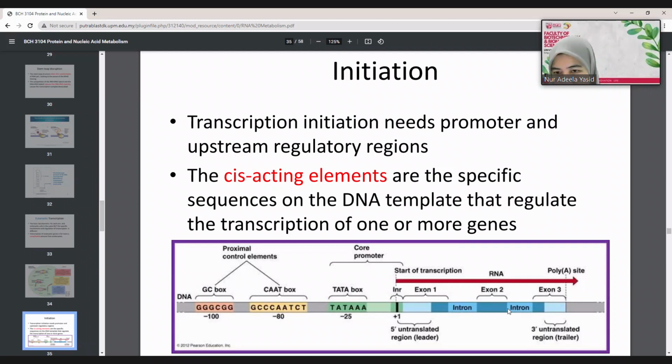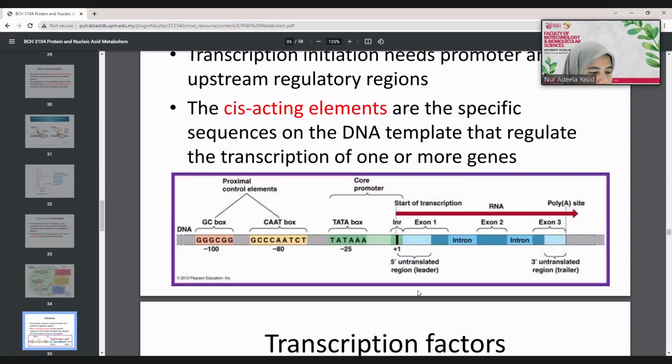Other than that, there are cis-acting elements, which are specific sequences on the DNA template that regulate the transcription of one or more genes. We are going to look at what is meant by cis-acting element.